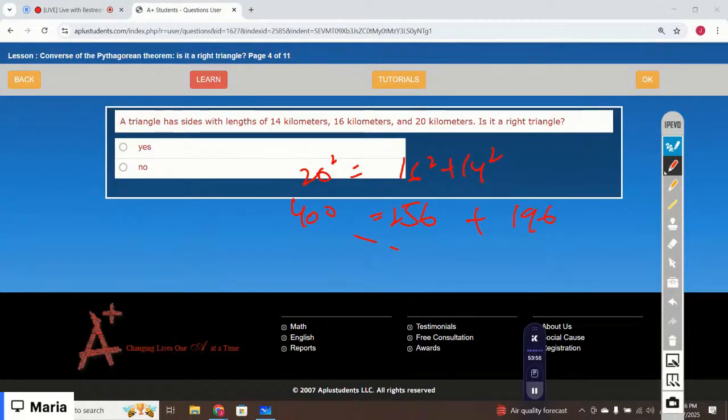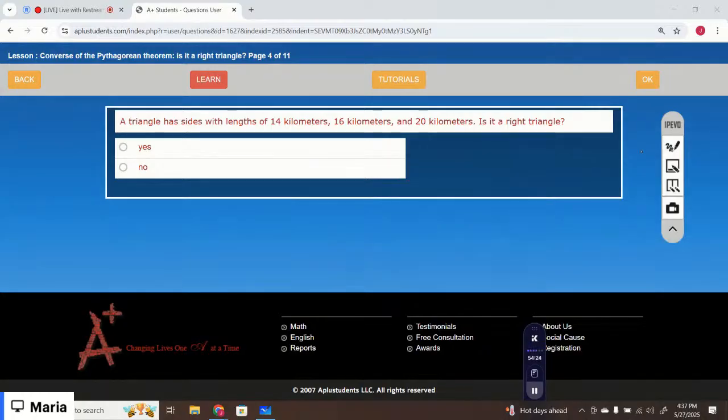So no, that is not a right triangle. The correct option is no.